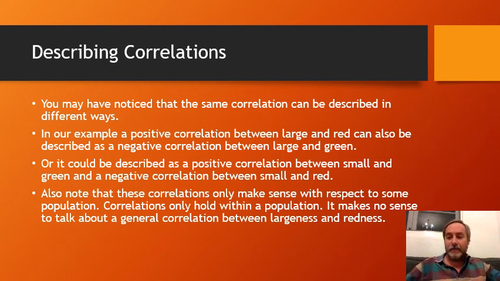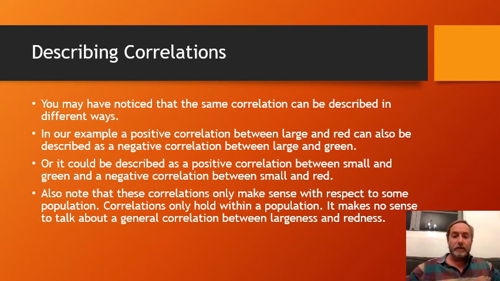Now, you may have already noticed that the same correlation can be described in a number of different ways. A positive correlation between large and red could also be described as a negative correlation between large and green. Or it can be described as a positive correlation between small and green and a negative correlation between small and red. That should make sense.